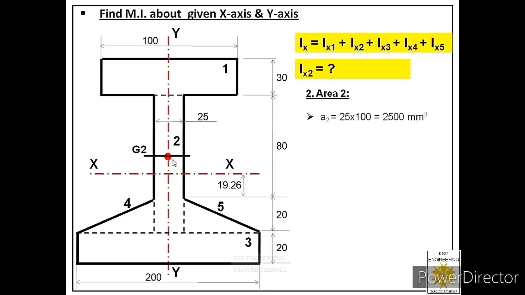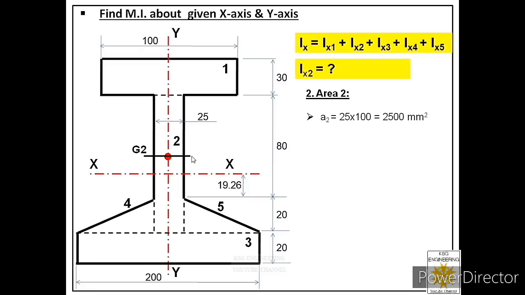Now the next step is that from that centroid we draw a horizontal line. We call it the centroidal axis. Why are we drawing it horizontal? Because we have to keep it parallel to the main axis. The next step is we have to find the distance between these two axes, that is between the main axis and the centroidal axis of area 2. Now we know the position of the main axis from the bottom is at 59.26, and the position of the centroidal axis of area 2 will be 20 plus 50.